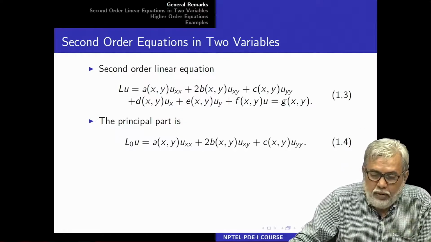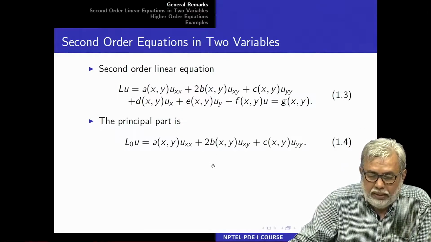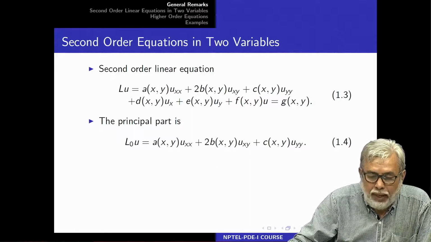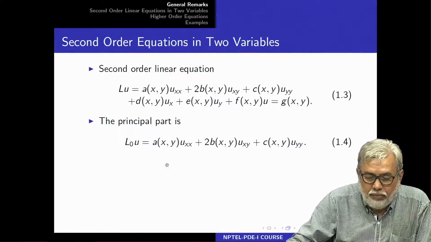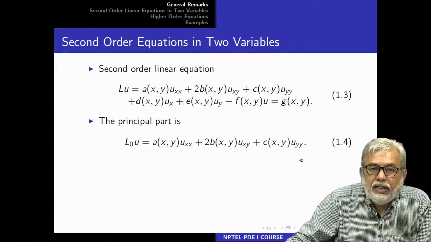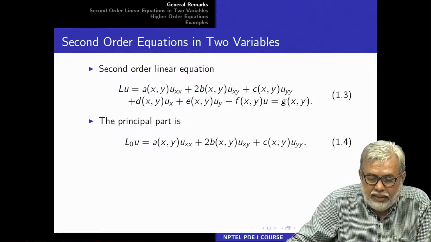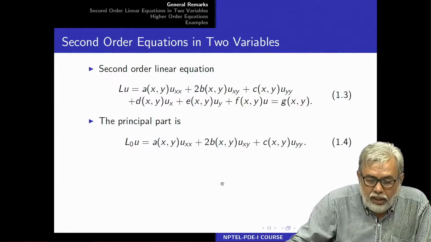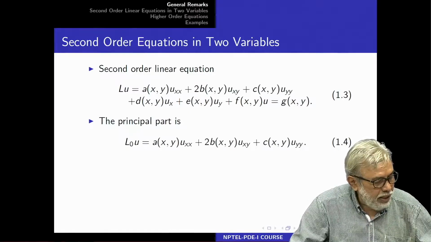And before proceeding, one important simplification we have in the case of two variables. See, the quadratic form associated with this principal part is a xi square plus 2 b xi eta plus c eta square. So, let me write it in xi and eta variables, and whether it is definite or indefinite depends only on one quantity.